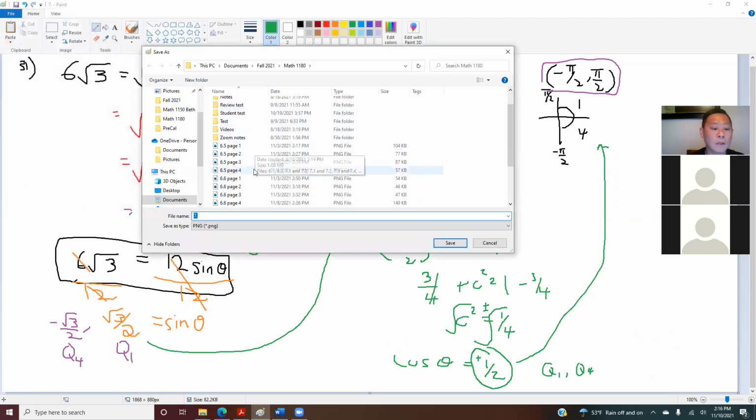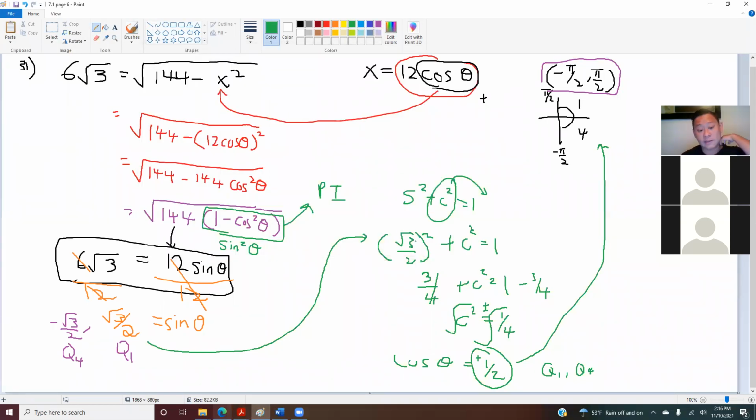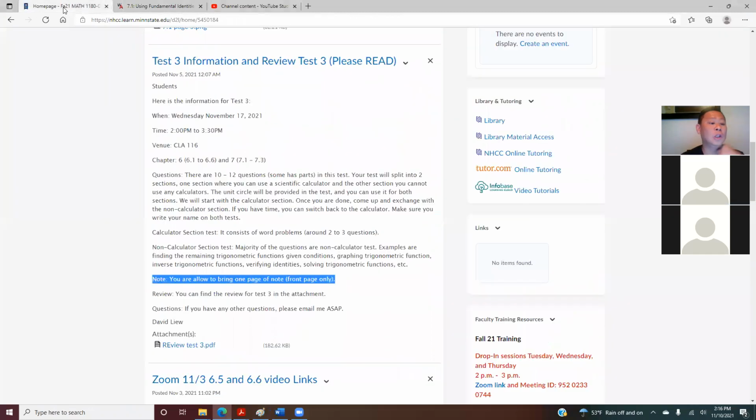Those who came in late, I just want to point out to you that your test is next Wednesday. This is something new: you are allowed to use one page of notes, only the front page, during your test. Make sure you have a page of notes on standard size paper.